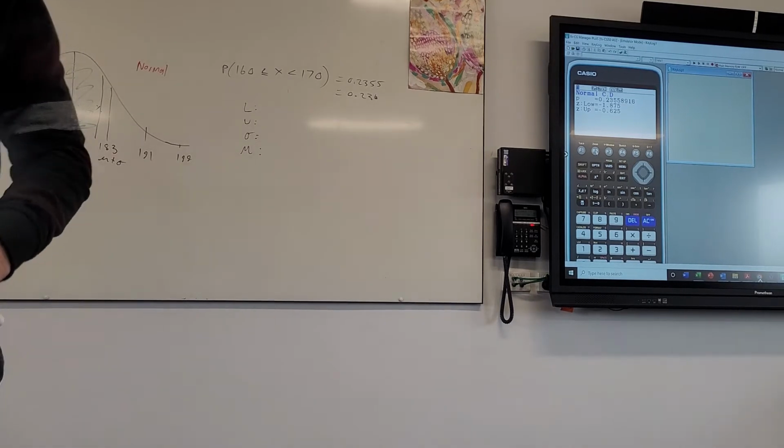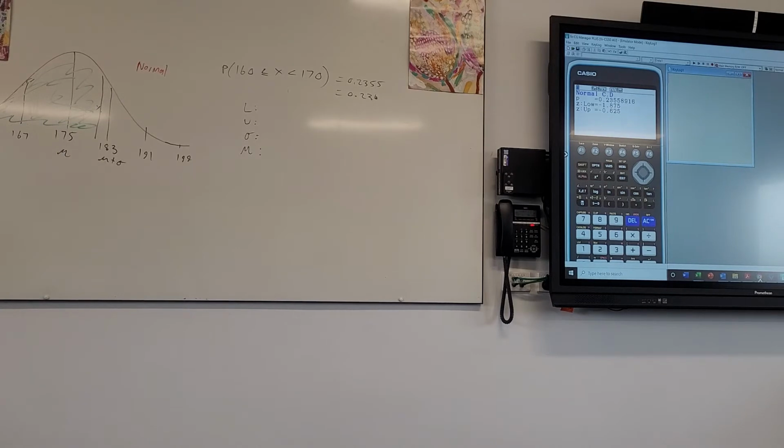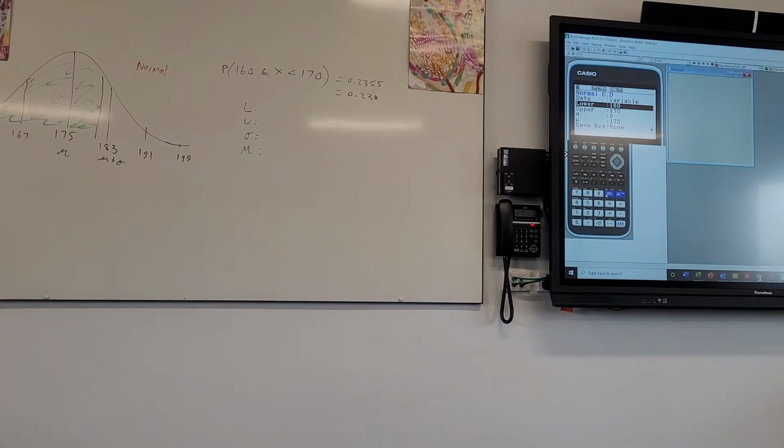So the way we put that in, we press exit. We're going to go to the lower boundary, and you should press minus, and then times 10, or yours might say E plus, and then 99.